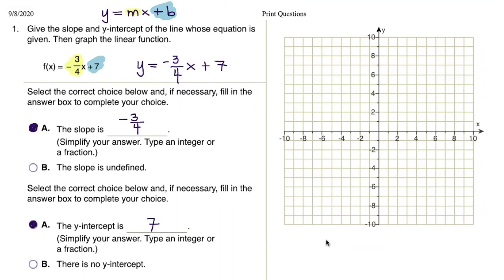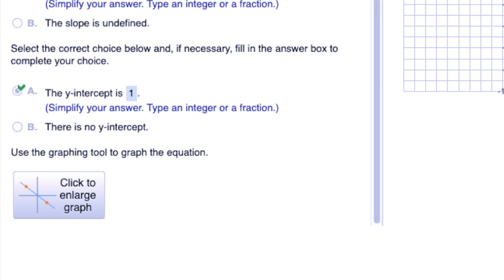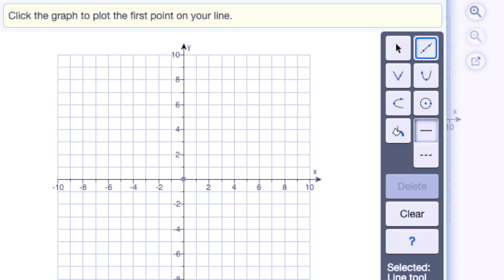Then you would use the graphing tool in Mymathlab to graph this line. A button will appear at the bottom of the question when you're ready to graph. Click that button. The directions at the top of the pop-up window tell you first to plot the first point of your line. That's your y-intercept. Make sure you select this tool, which is the line tool.